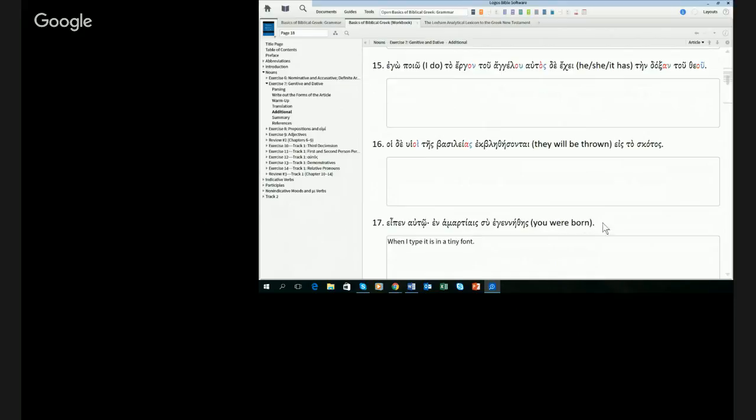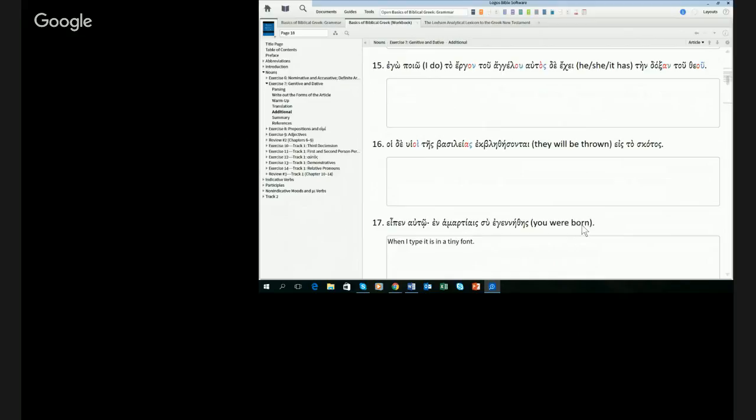Eis to skotos. Eis, preposition that requires an accusative case. Requires. So just as every occurrence of en is going to have a dative following it, every occurrence of eis is going to have an accusative following it.